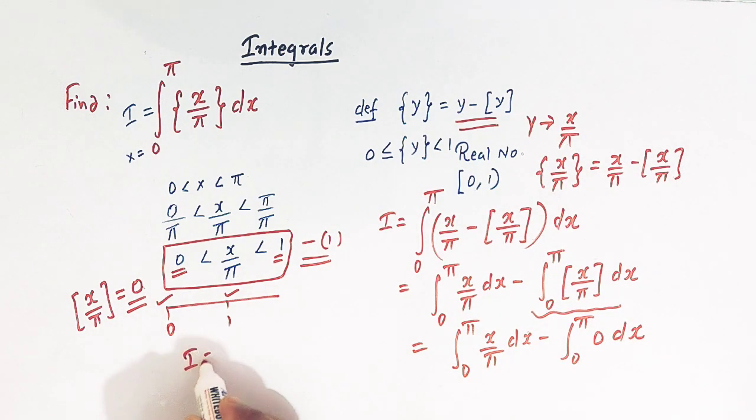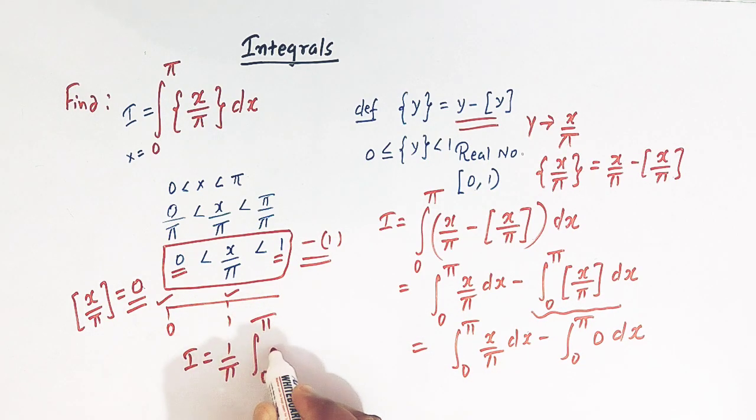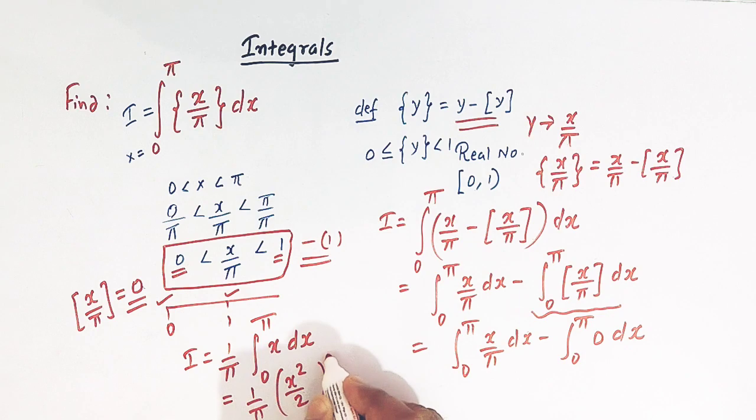Now we can take 1 over pi outside the integral, and we have the integral from 0 to pi of x dx, and the value of the other integral is 0. So we have 1 over pi times x square over 2, with limits from 0 to pi.